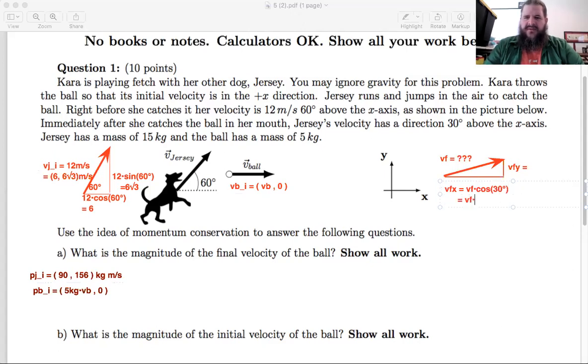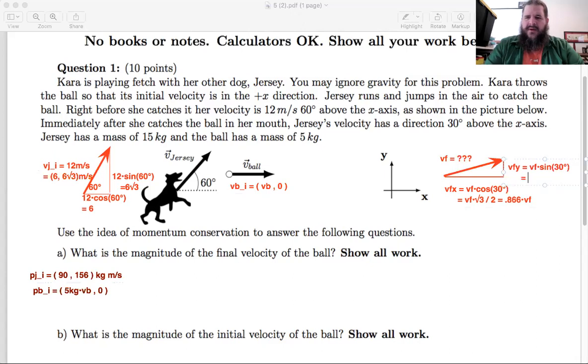So that'll be v final times root 3 over 2, which is, what was that again? Root 3 over 2, 0.867, or no, 0.866. So 0.866 times v final. And then v final y, we do the same thing except using what instead? Yeah, v final times sine 30.